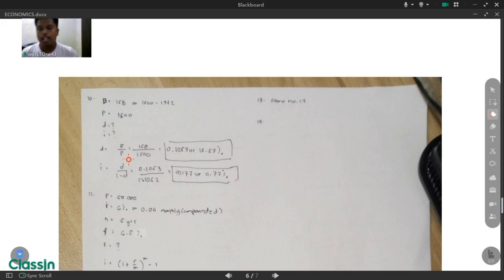Remembering the formula, i equals d over 1 minus d, which is our formula for the interest rate. Since we already have the discount rate, we have 0.1053 over 1 minus 0.1053, which yields 0.1177 or 11.77%.